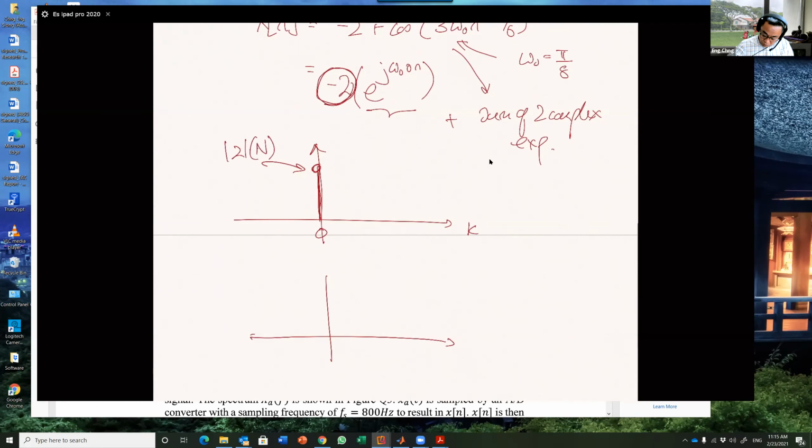To get minus 2, you must have phase pi. So this is magnitude of CK, and this is angle of CK. Actually, I shouldn't say CK. It should be big X[0] for the DFT values.